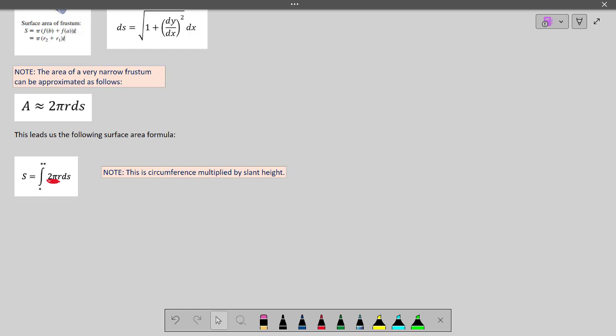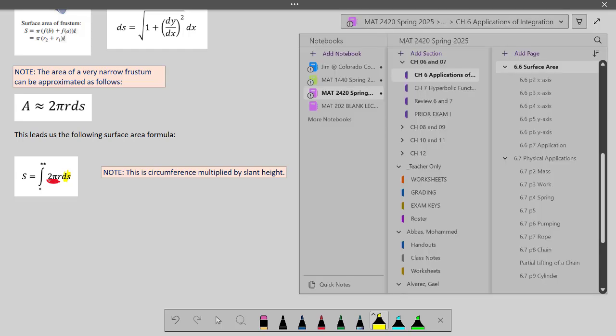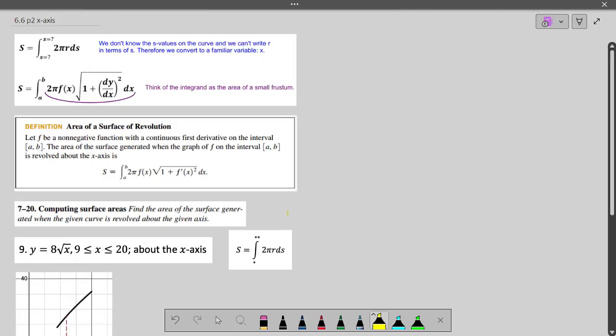And then we're in the same boat that we were in with arc length formulas. The ds, we know nothing about s limits. We're not measuring along an s curve. So we have to then ditch that. And how do we ditch it? The same way we just ditched it with arc length.